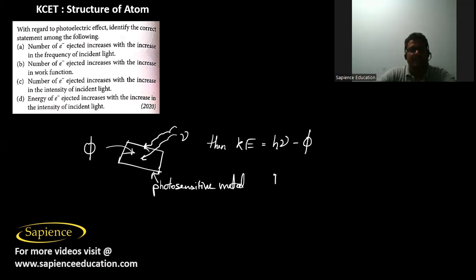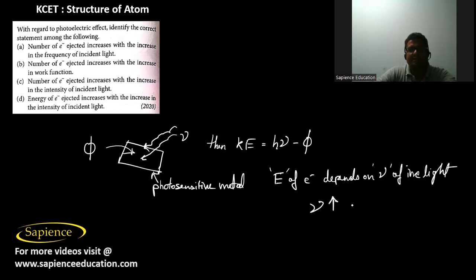So the energy of the electron depends on the frequency of the incident light. If the frequency of the incident light is increased, then the energy of the electron will also increase.